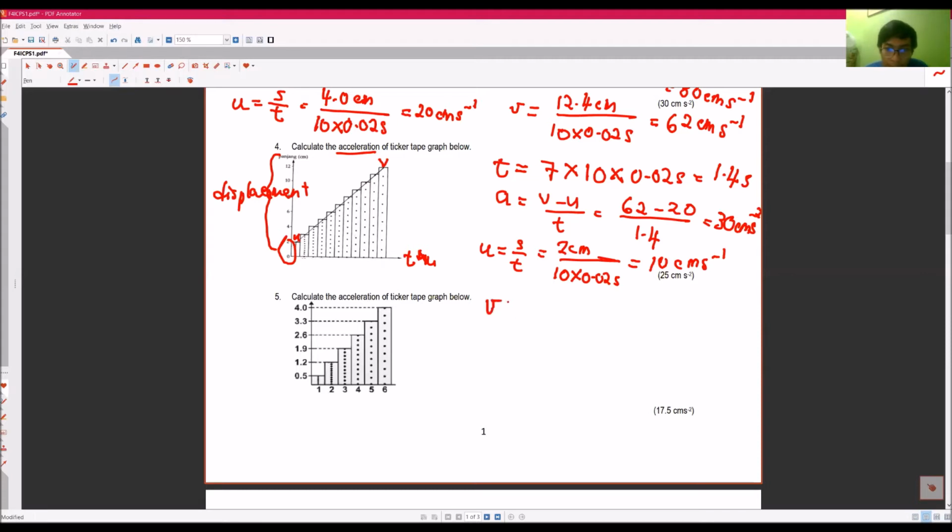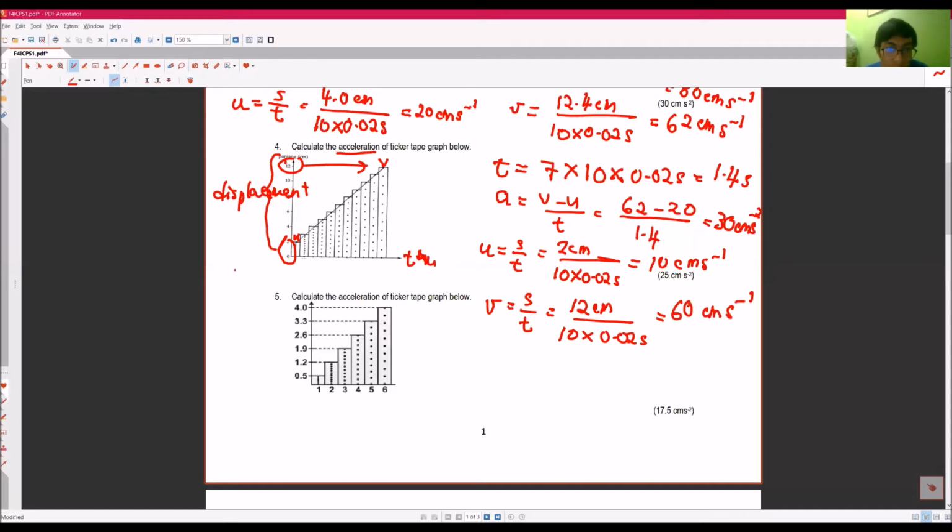How about v? Still the same formula. Now we have 12 cm, 10 dots, 0.02 second. Into the calculator, we got 60 cm s^-1.